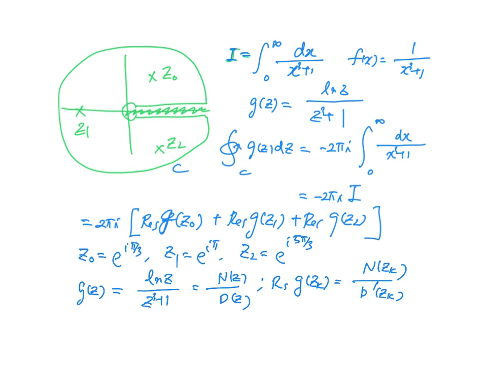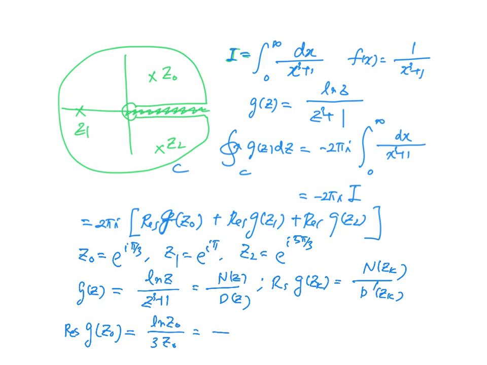You remember, maybe 2 weeks ago I have done this. So that's very simple. The denominator is z cubed plus 1. So the residue of G at z0 is simply ln z0 over 3 z0 squared, right?